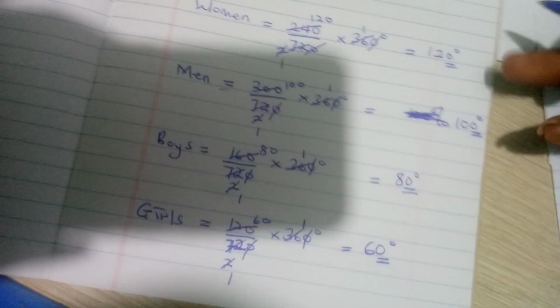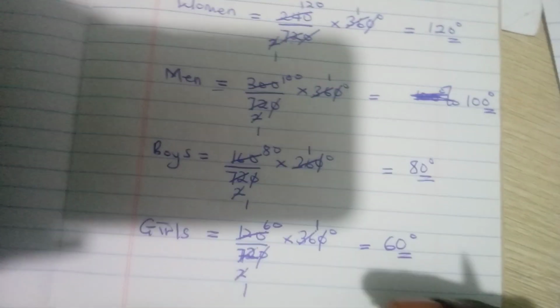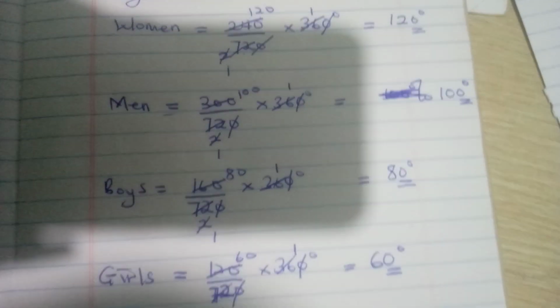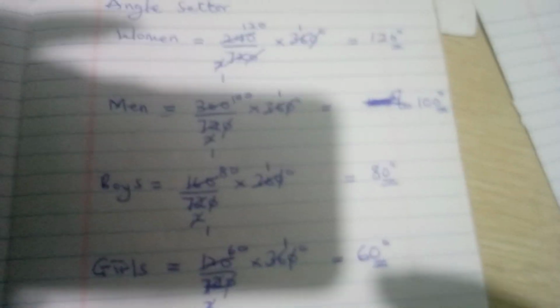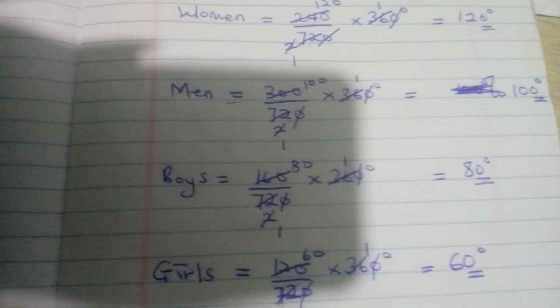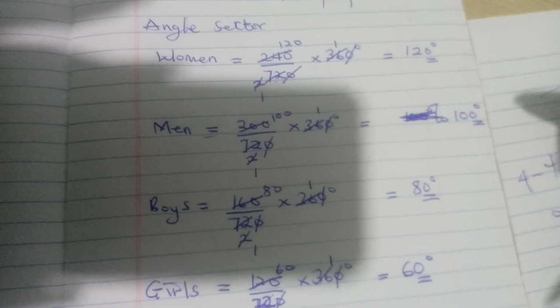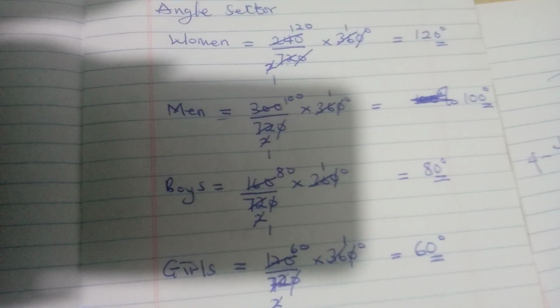So now that you have the angle sectors for each of the people that attended the rally, then you draw the pie chart. Unfortunately, we cannot draw the pie chart to show because we are using one hand for the camera and also one hand for the solution. But you can see clearly that with the pie chart, you need the protractor, which will help you.